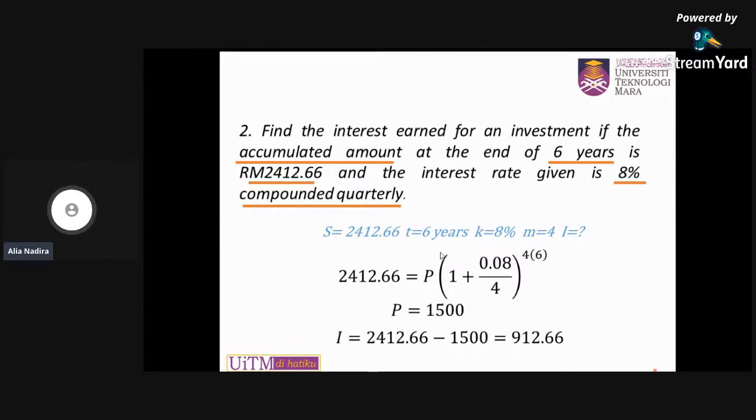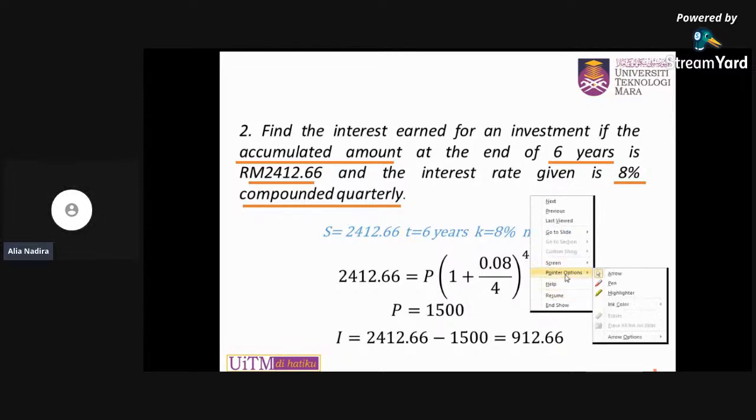T is 6, K is 8%, M is 4. You want to find your I. You substitute into your formula, so you will get the P first. By dividing 2412.66 with this amount, you will get 1,500. So your I will be S minus P.